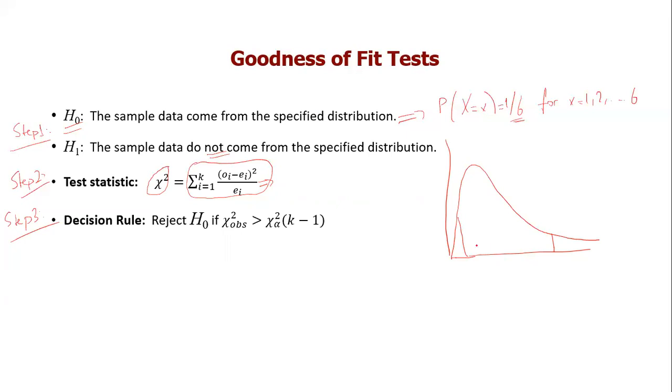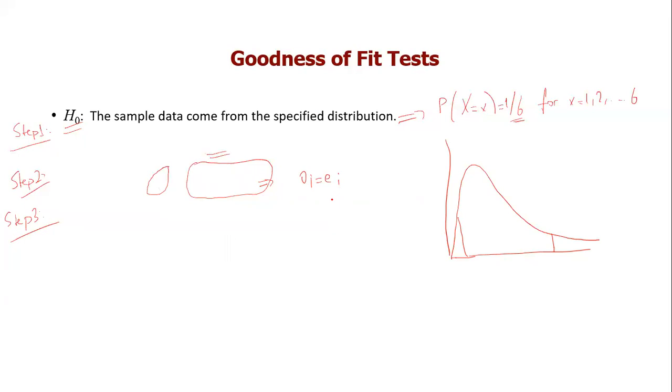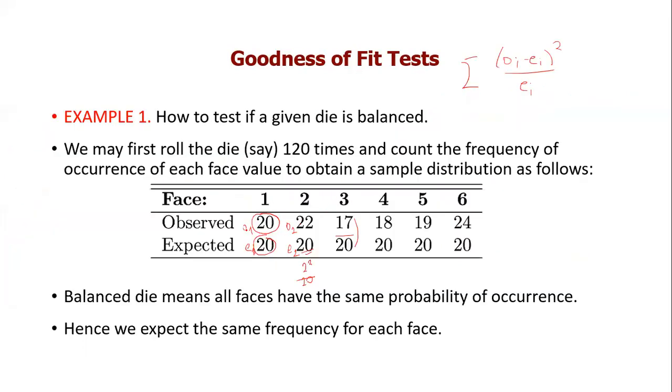Okay, let's try to see this. In order to understand this, what I do generally is to see, for example, what happens if O I is equal to E I. So what does it mean? Let's go back. So this is my O I. The first row is the O I, and the second row is the E I, the expected value.